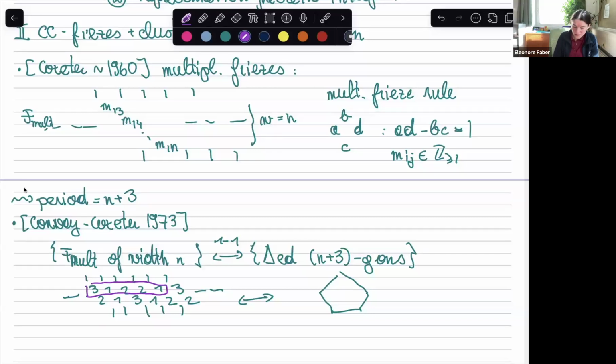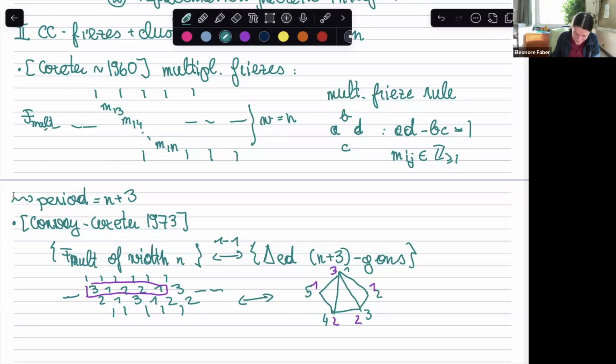I look at the first row, my quiddity row, and each integer indicates how many triangles of my triangulation are incident to a vertex. I number my vertices in the polygon 1 to 5, and 1 is incident to 3 triangles, 2 is incident to 1, and you can see it's precisely this triangulation. So here I have 3, 1, 2, 2, 1. For each triangulation you can find a frieze, and for each frieze you can find a triangulation. This is a very nice result.